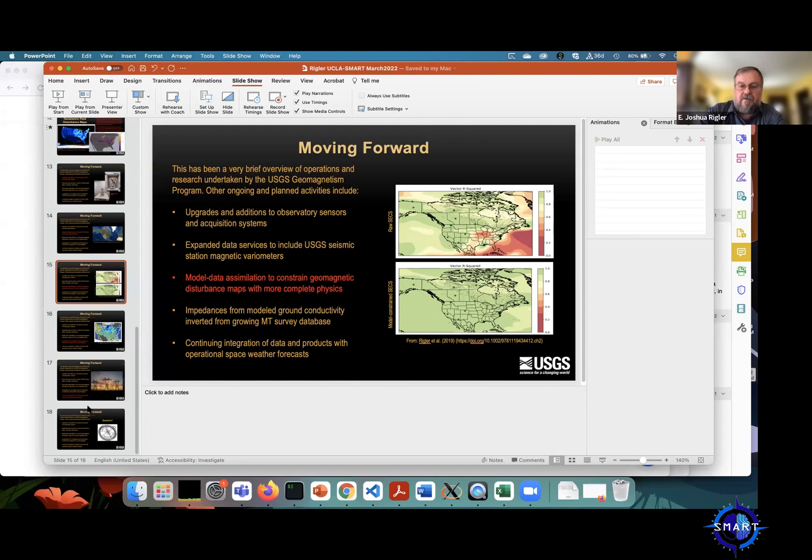One of the things we haven't quite figured out yet, and there are more and more people working on this problem, and there's a lot of hope that some of the modern methods in machine learning and artificial intelligence might actually accelerate this.